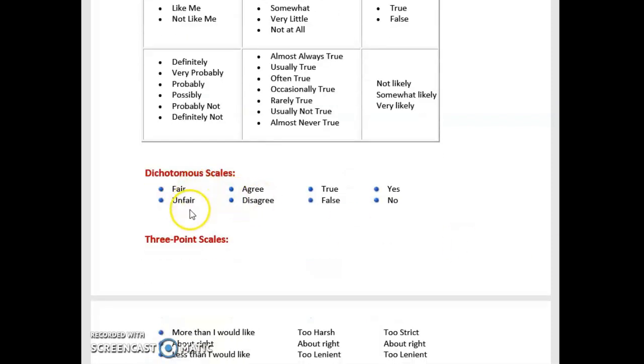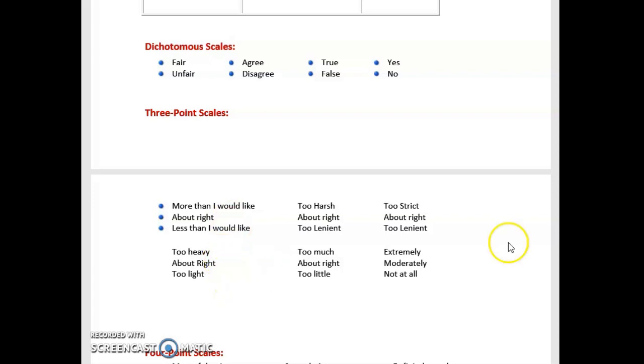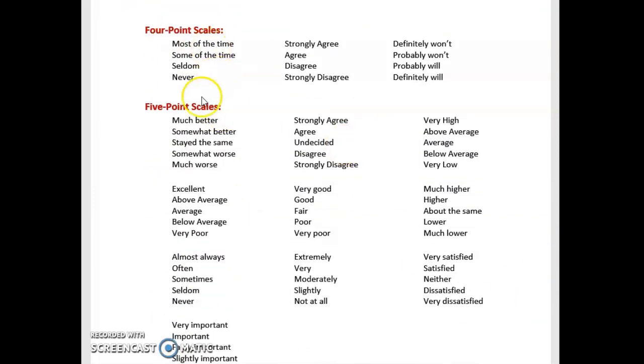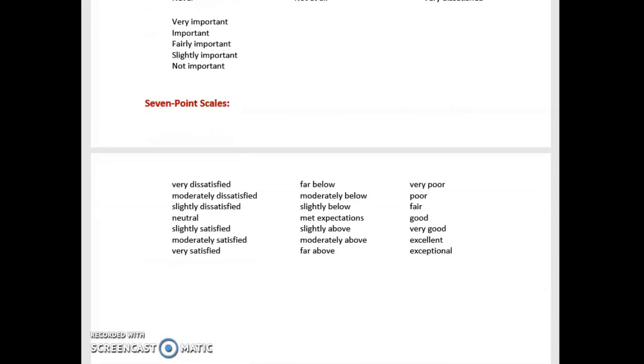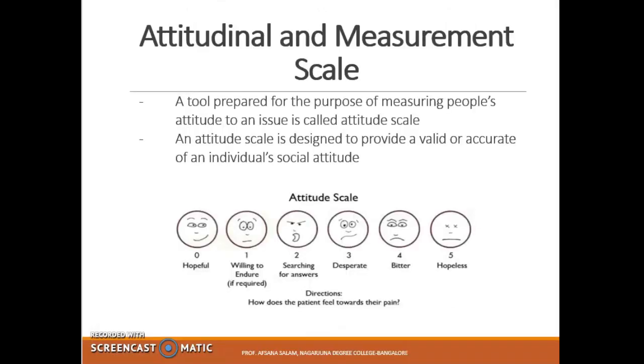These are the 2 scales, dichotomous. 3-point scales mean 3 options you will have. And you have a 4-point scale, here you have 4 options. You have a 5-point scale, you have 5 options: agreed, good, extremely, very, moderate, slightly, not at all. And then 7-point scales, which will have 7 different options for one question. So that becomes your different types of Likert scale, right?